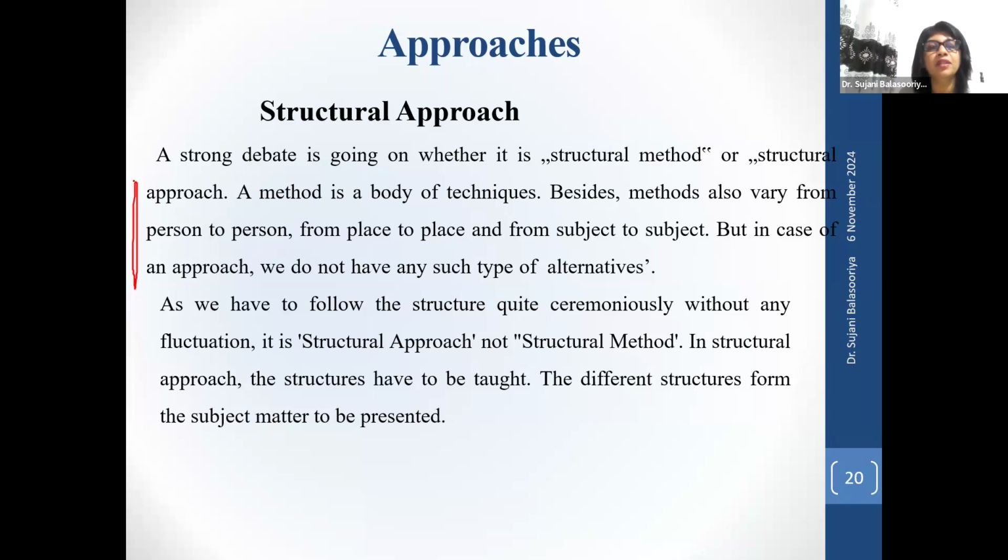Then what do you mean by a method? Method is a body of techniques, and methods also vary from person to person, from place to place, from subject to subject, right? But talking about approach, we don't have any such alternatives. Approach does not change according to person, place, subject, or topic of the lesson. Approach is fixed actually. But method can vary.